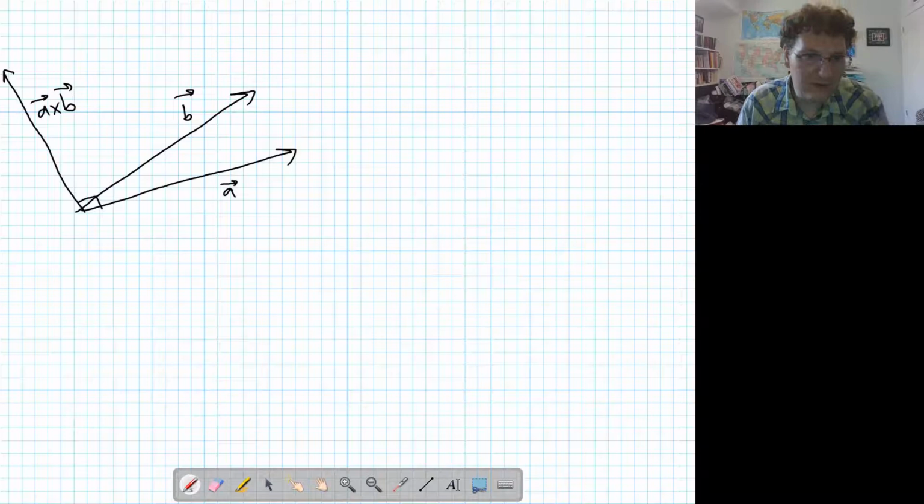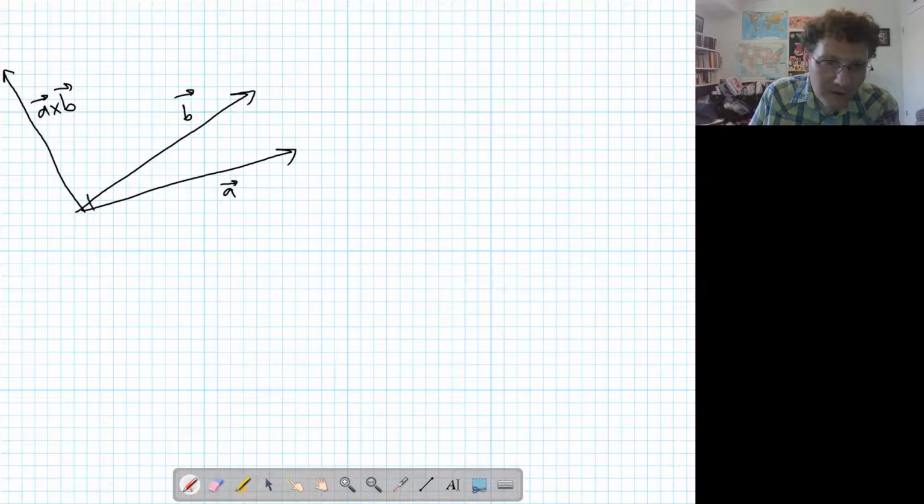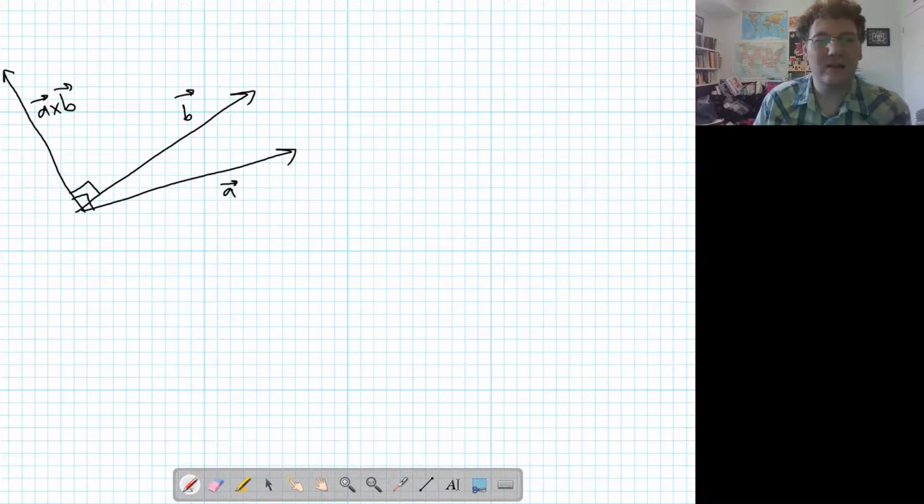I'm going to make those right angle markers a little more obvious. This is to illustrate that this new vector is orthogonal to both. It's in 3D space.